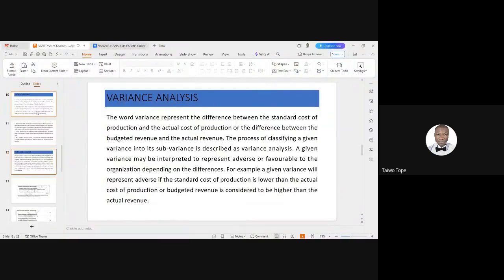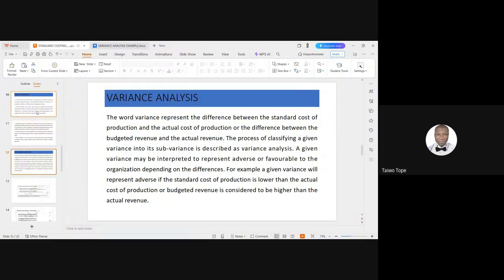So in simple terms, what you planned versus what actually happened. The difference between what you planned and what actually happened is variance. Not just identifying the variance, you ask yourself, why the variance? Why the difference?